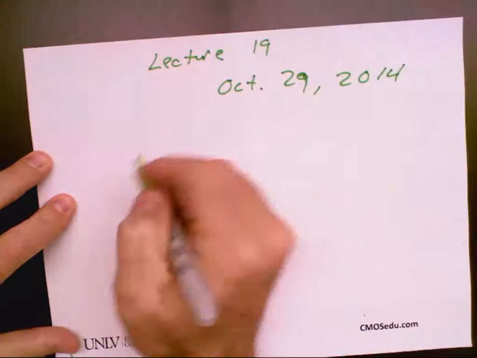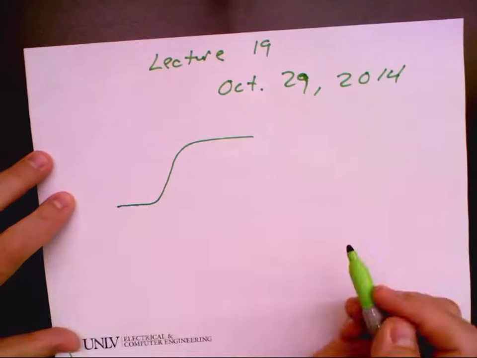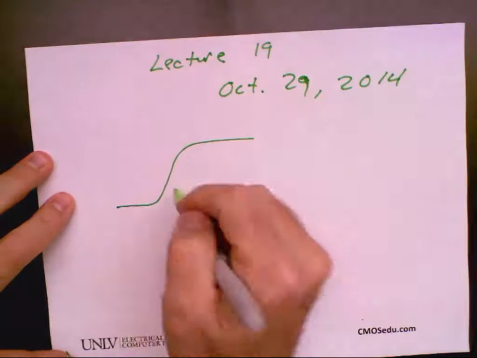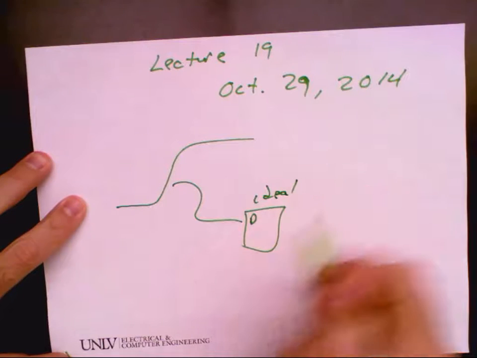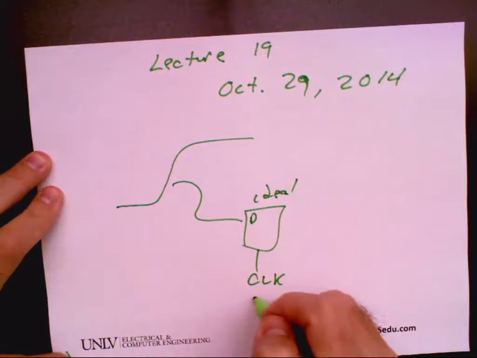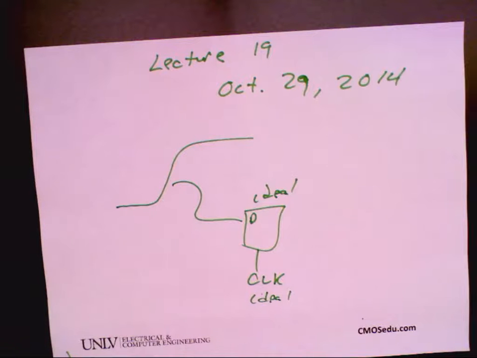So what happens is, in a real circuit, you get something that looks like this, right? As a clocking waveform. Well, if you feed that into a D flip-flop that's ideal, and then you have an ideal clock, and let's just say for the moment that you're using a clock generator that's a pulse source in SPICE.